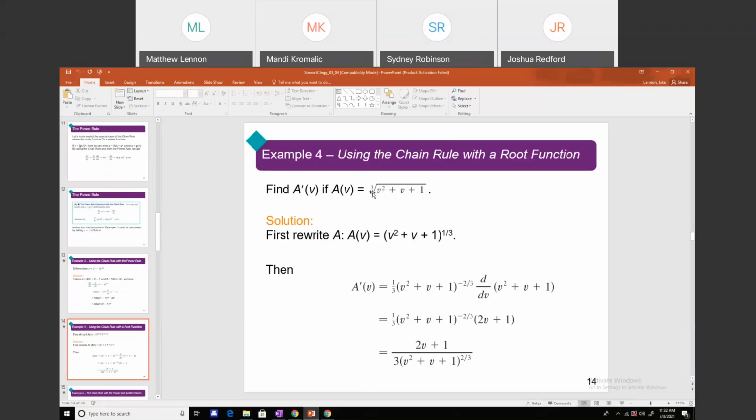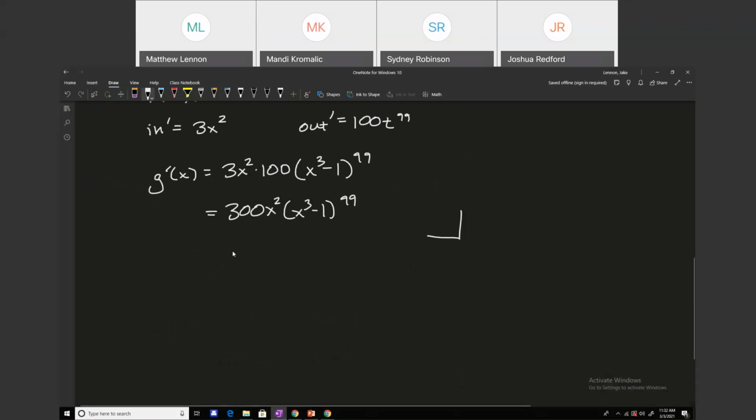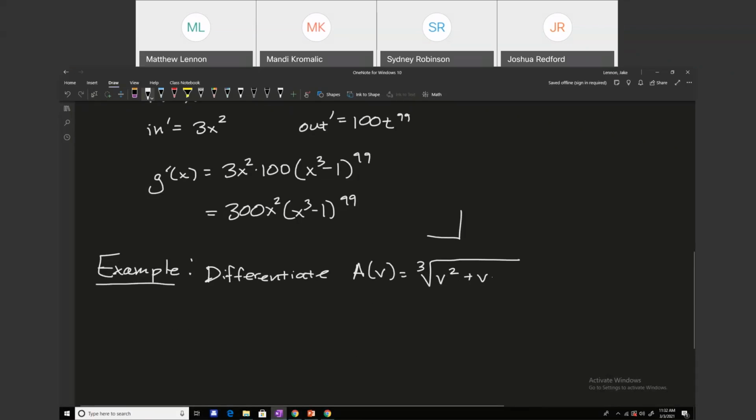Okay, so we have the cube root of v squared plus v plus 1. Remember, the cube root means the 1/3 power. So they have a of v is the cube root of v squared plus v plus 1.